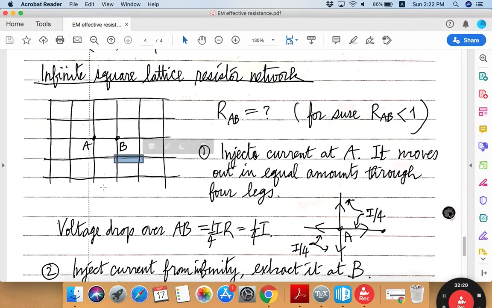And this thing just goes out to infinity. So this is an infinite square lattice. And then I pick two nearby points, A and B. And then ask, what is the node-to-node resistance between these two?